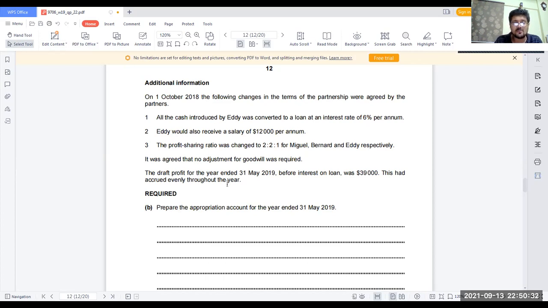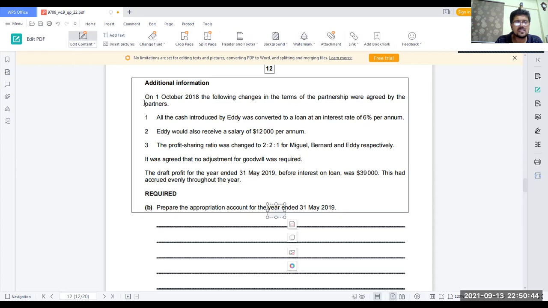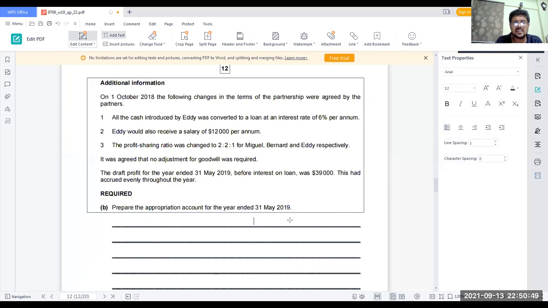See, now we have to make two appropriation accounts in two columns. One is for 4 months and the other one is for 8 months, because after 4 months they have changed the partnership requirements. So we have to make appropriation for 4 months before the changes and then 8 months after the changes.